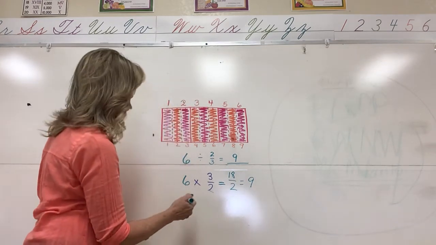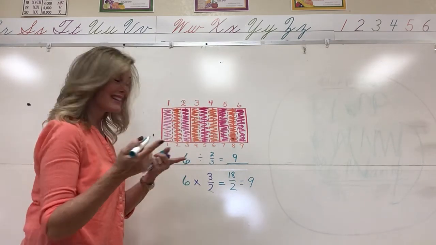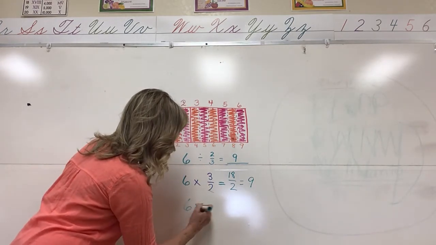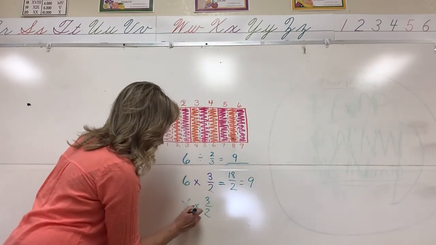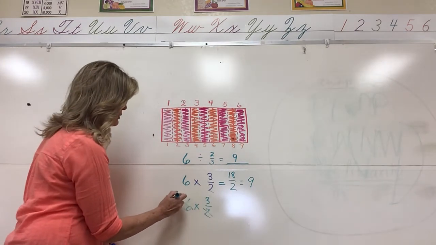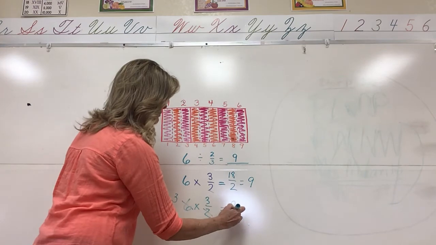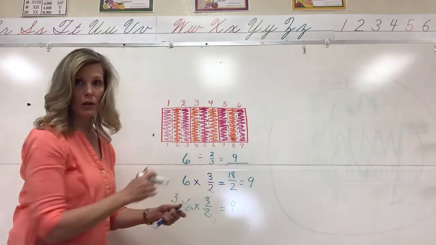I reduced the wrong thing. See, all of us make that mistake sometimes. Okay, so 6 times 3 halves, I have to reduce those. So this one's a 3, and that one's a 1. Now 3 times 3 is 9, and 1 over 1 is still going to be 9.